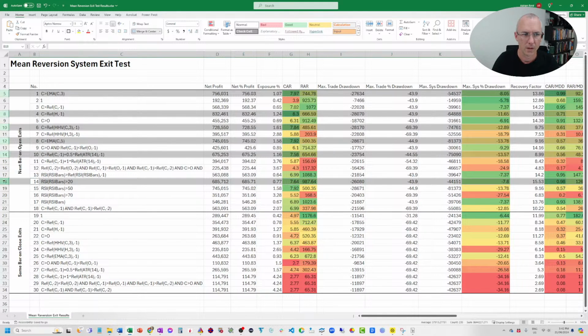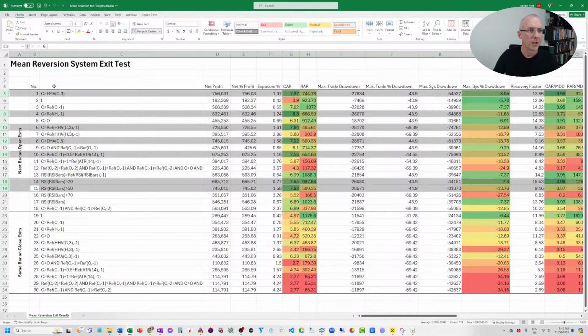Close above the EMA, close above the previous day's high works pretty well. That's a nice and simple one. The close is greater than the previous 3-day high. That works nice. Close above the 5-day EMA, a slightly longer term one. The close is more than half an ATR above the previous day's close, so it's kind of like a jump up.